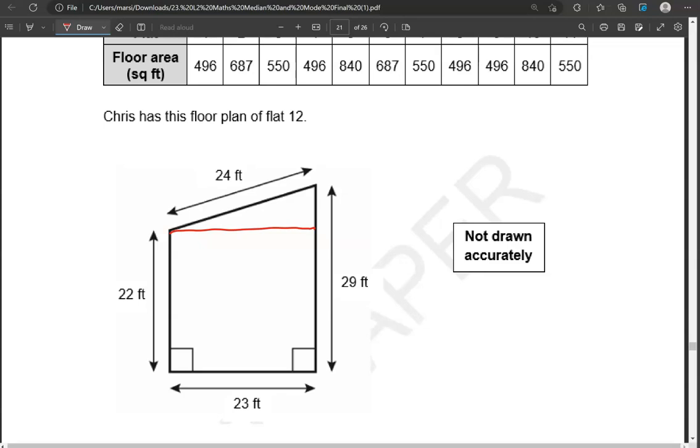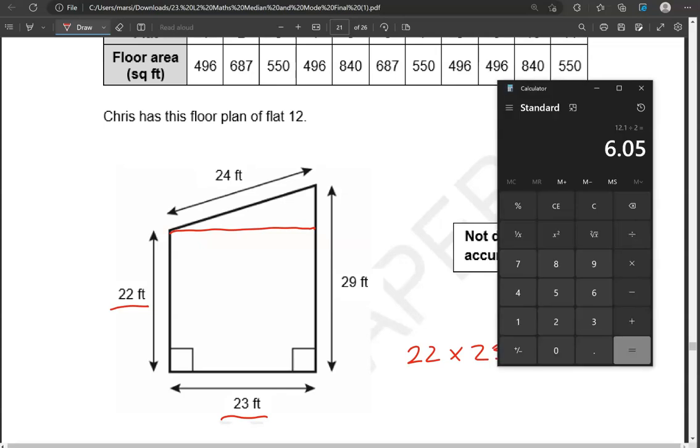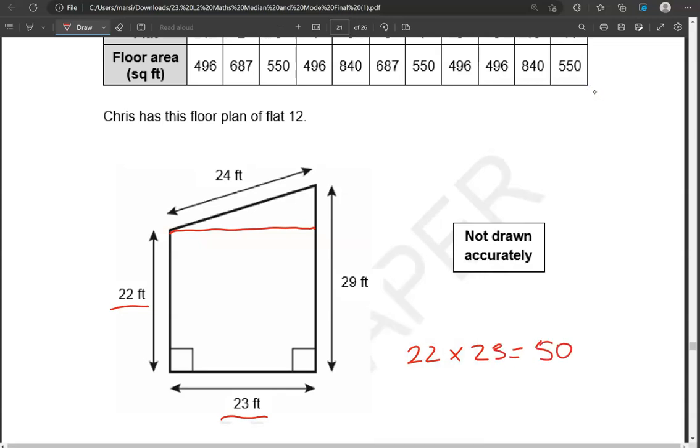The area of the rectangle can be worked out by multiplying 22 feet by 23 feet, which is 506 square feet.